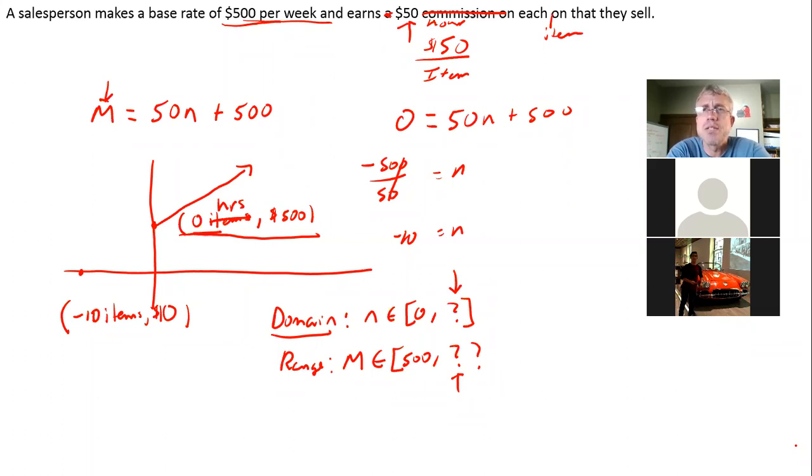What would be a reasonable upper limit to put on that? And it's not a math question. I've got to think about what I know about the world I live in. Maybe 40 hours? Yeah, 40 hours. And why would 40 hours make good sense as an assumption here?